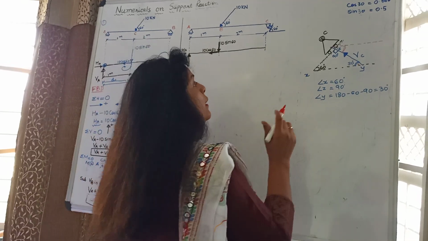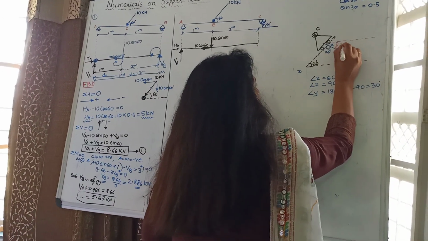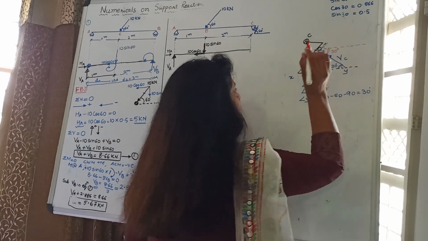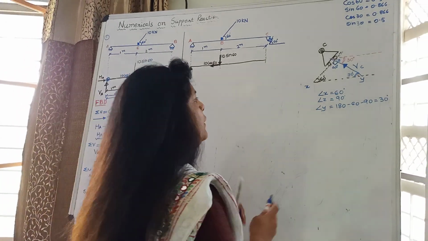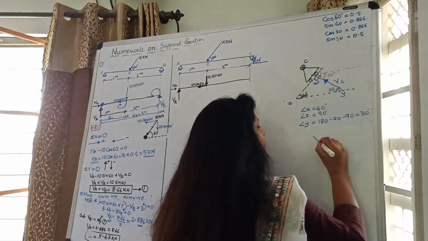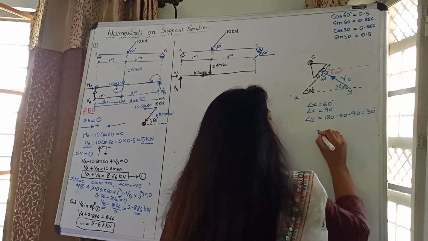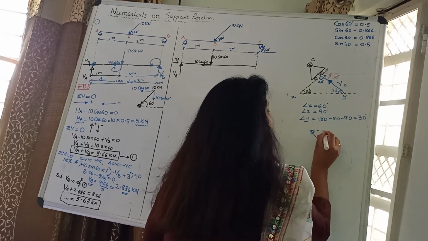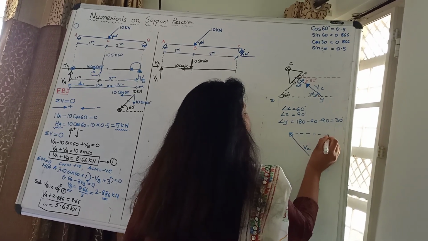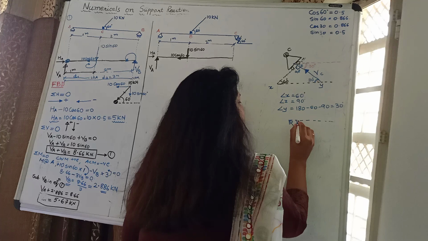It will be 30. That means I can show that VC is inclined at an angle of 30 degrees to the surface.